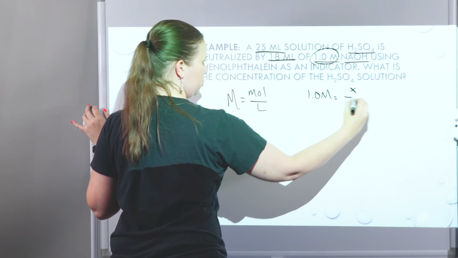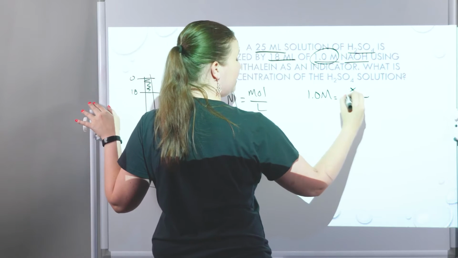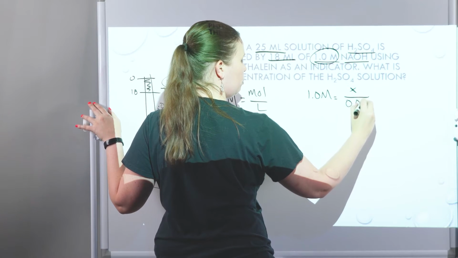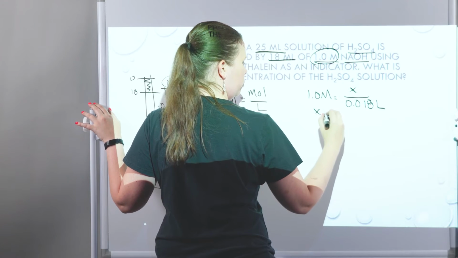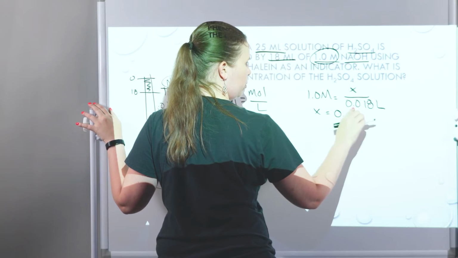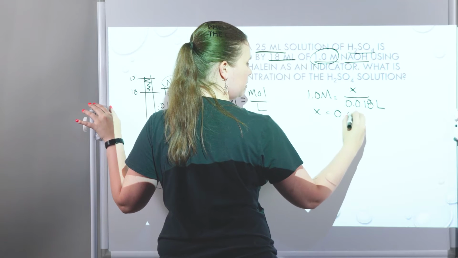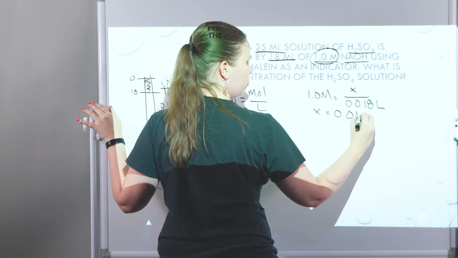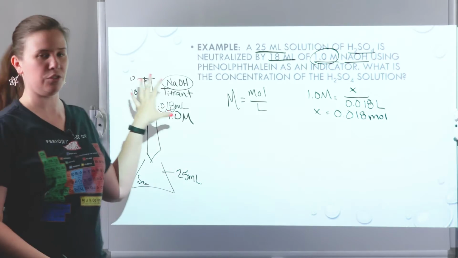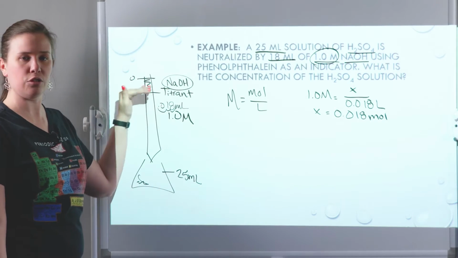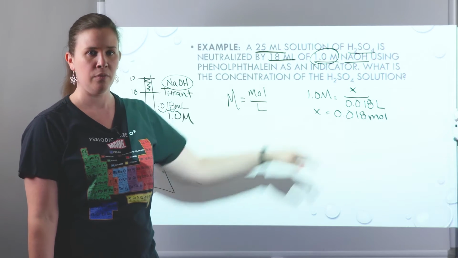We're solving for moles on the top. And in liters, the volume would be 0.018. So we get a total of 0.018 times 1, of course, would be itself, 0.018 moles now with the first step, using the known concentration and volume to get moles.